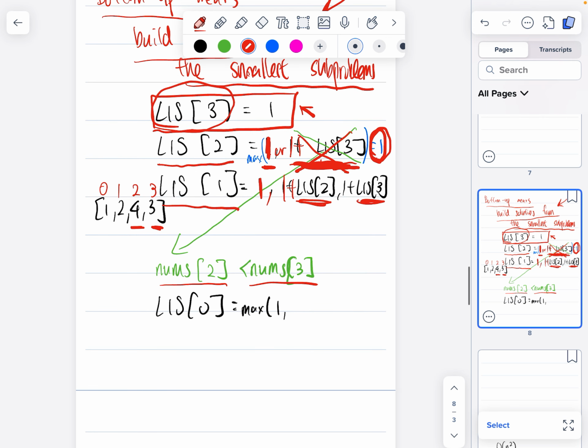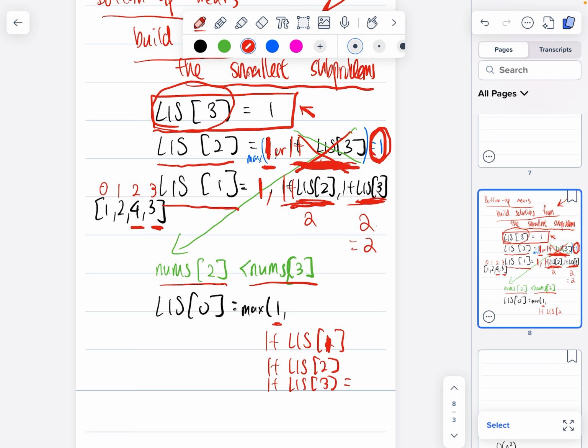Yeah, so here you give 1 plus LIS of 2, which is 2 here, and then 1 plus LIS of 3 is also 3. So the max of this would be 2. Let me just double check if I am doing this correctly. Yeah, that is correct. And here LIS of 0, there are 4 contenders. So 1 itself, and then 1 plus LIS of 1, and then 1 plus LIS of 2, and then 1 plus LIS of 3.